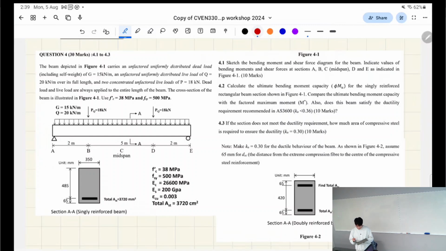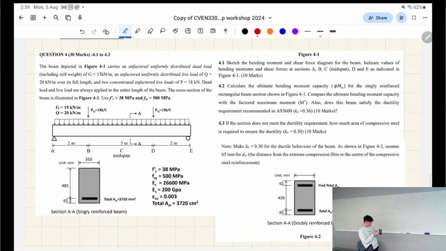All right. So basically, we have a beam. It's simply supported. Yes. It has uniformly distributed loads on it, so it tells you what G and Q are over here. It also has point loads, right? They're both live loads here. It also tells you section AA is there, right?